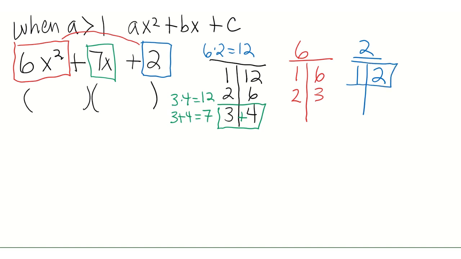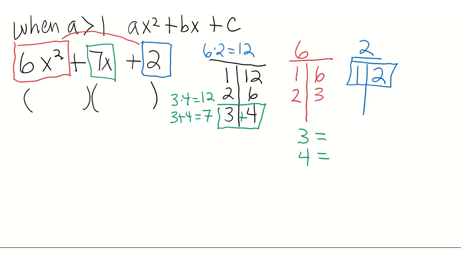Now 2 only has one pair of factors, so that makes it real easy. Now I just need to look to see, am I going to use the 1 and the 6 or the 2 and the 3? The way that I determine that is I go to the factors that I found with my AC, that 3 and that 4.